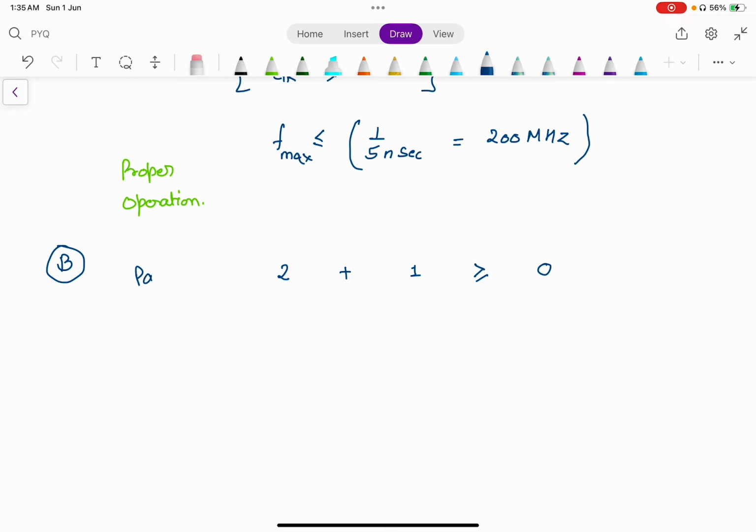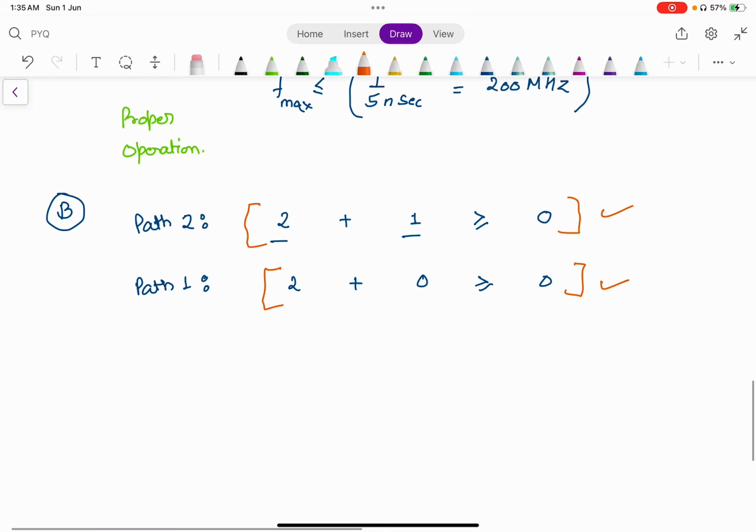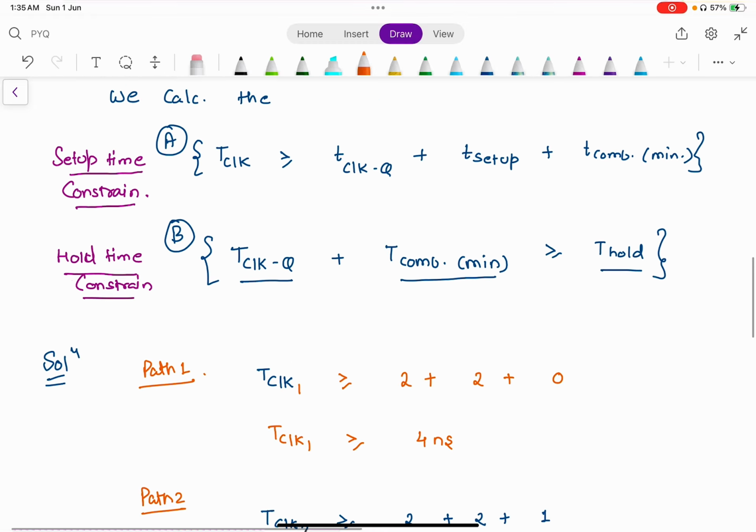This is for path 2. If you put path 1 also, you will get 2 plus 0 should be greater than 0. So you can see both the conditions are already satisfied. That's why this question doesn't ask for calculating the hold time constraint.